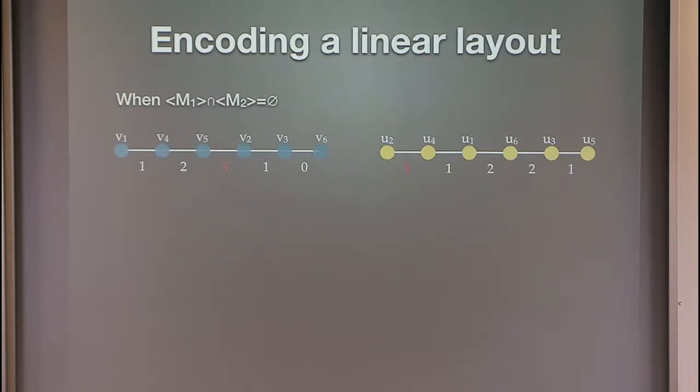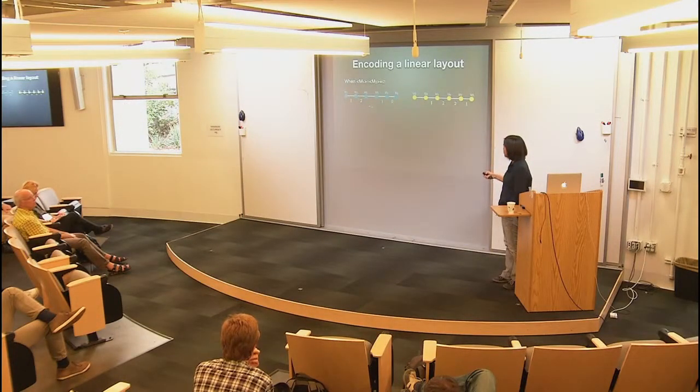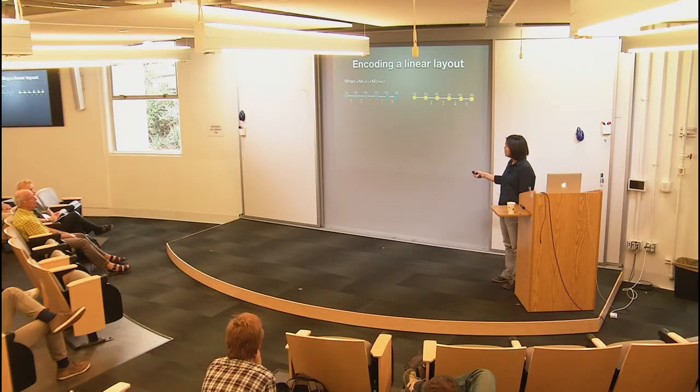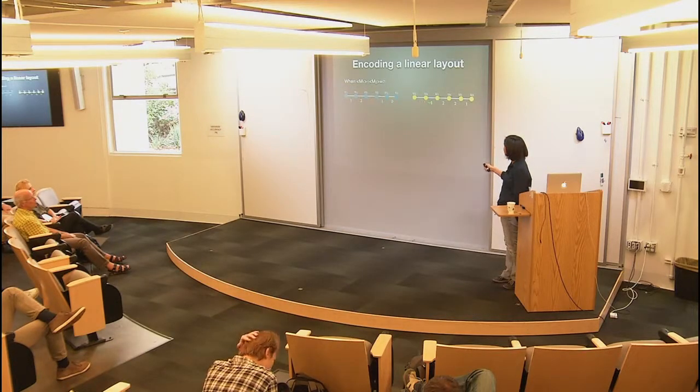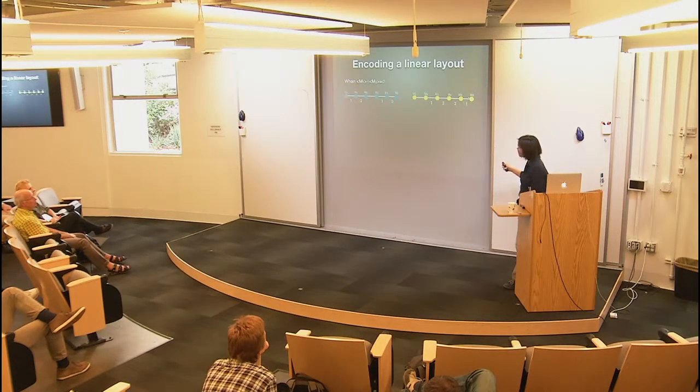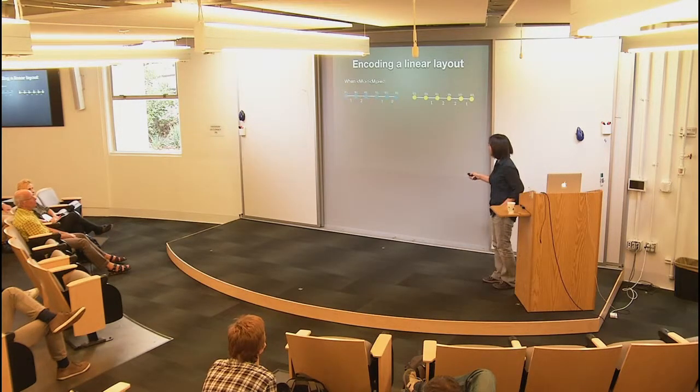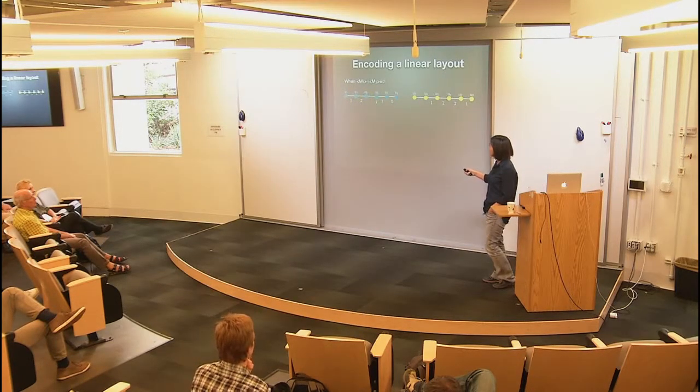So the first naive approach is to remember the sequence of dimensions for each gap of all possible linear layouts. So there will be n factorial linear layouts, where n is the size of M1. Of course, this is too many, but this is just for a start. And you remember the dimension of this gap space.